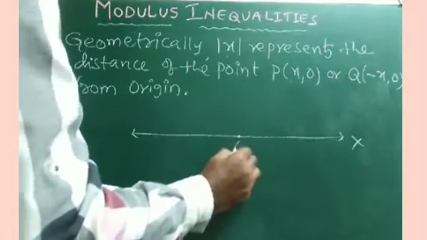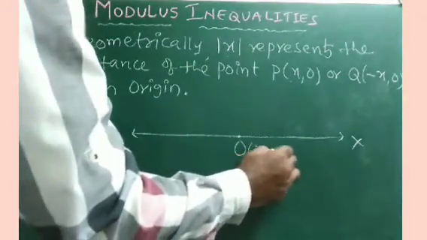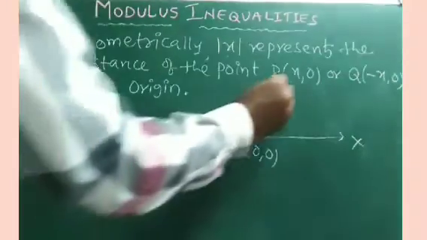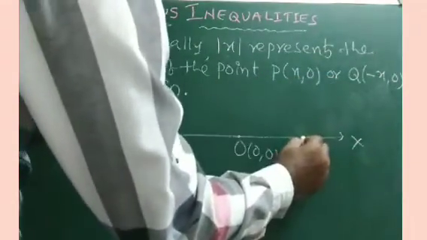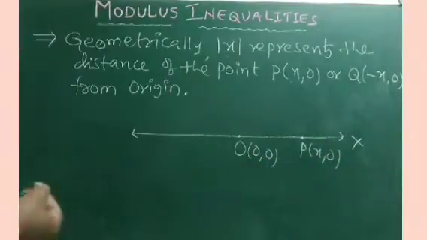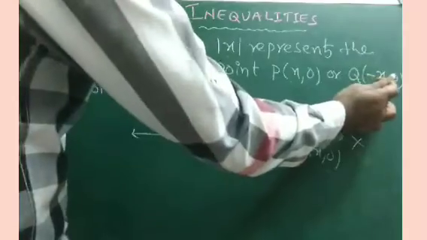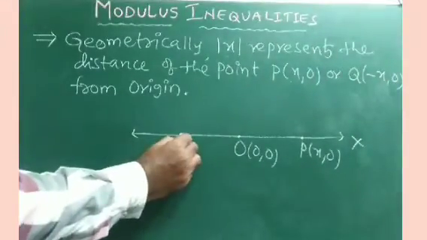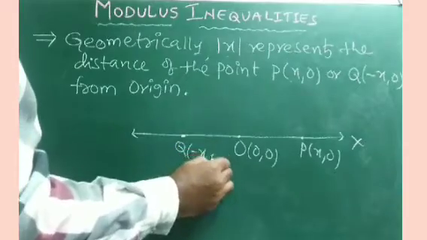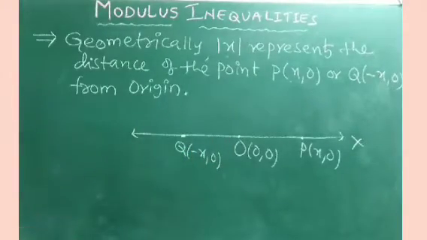Suppose this is the origin. The coordinates of the origin are (0, 0), denoted by O, and the point P (x, 0) is in the positive direction. So say this is some point P (x, 0), and this is the negative x coordinate, in the opposite direction, say some Q (-x, 0).